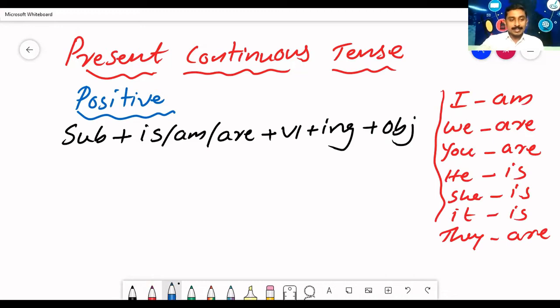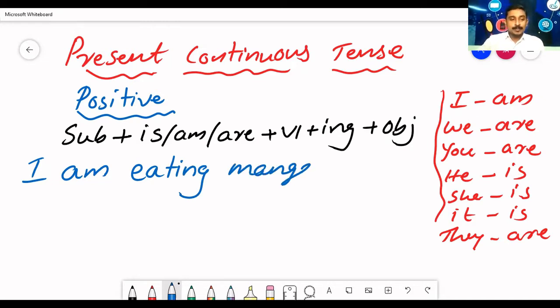Now let us create a sentence. I need to select am from here. I am eat plus ing. It is V1 form, so we need to add ing. Eat plus ing is eating. I am eating mango.